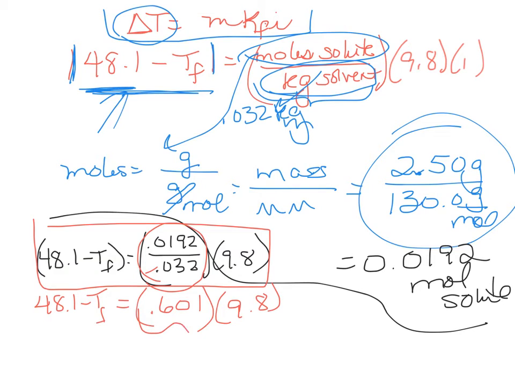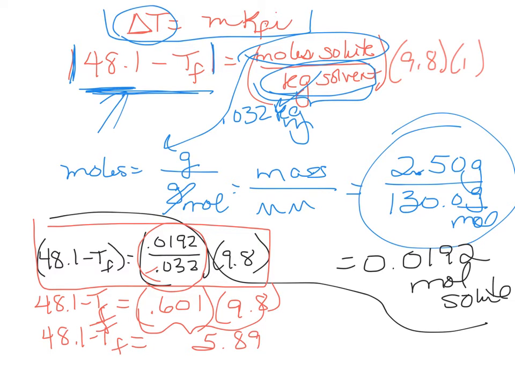And so this is what our equation is looking like now. Okay, so 0.601 times 9.8, that is 5.89. 5.89 equals 48.1 minus the final boiling point.